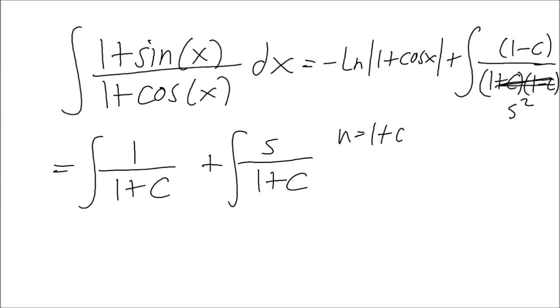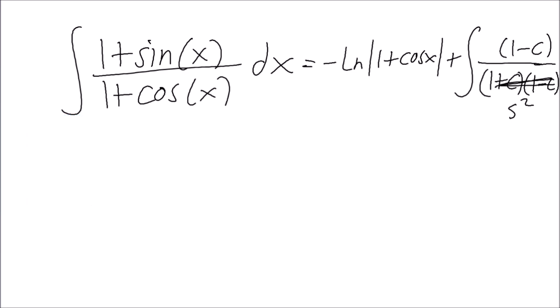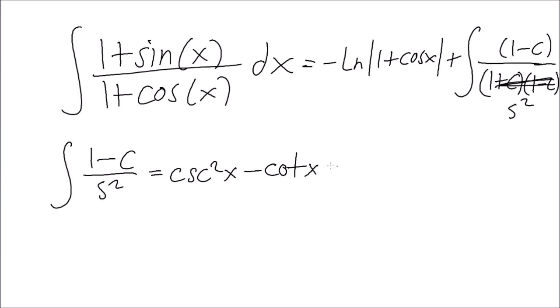Okay, so let me just erase this whole bottom portion here. Right, so with that, this now becomes 1 minus cosine of x over sine squared here, which is now equal to cosecant squared of x minus cotangent x cosecant x.